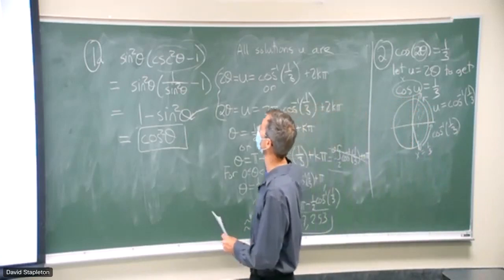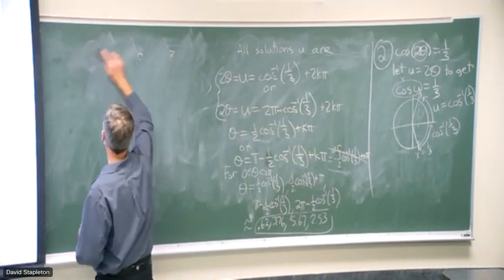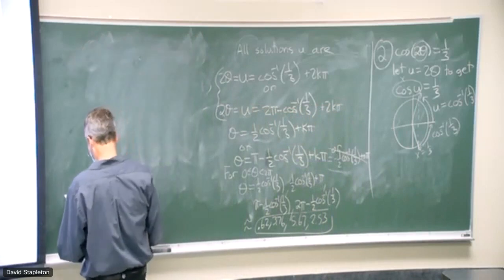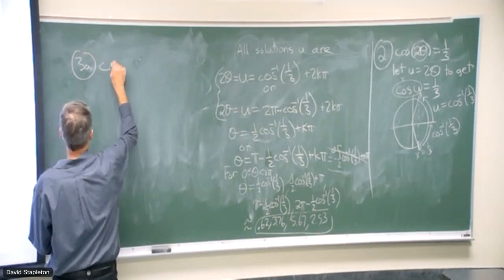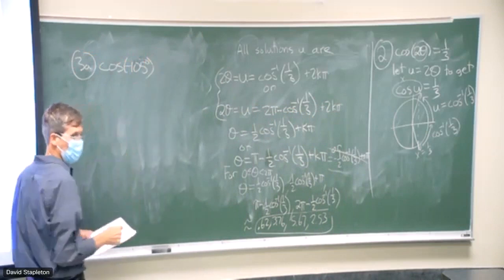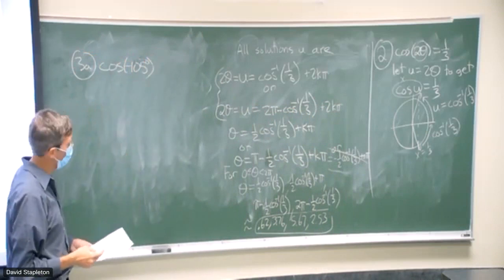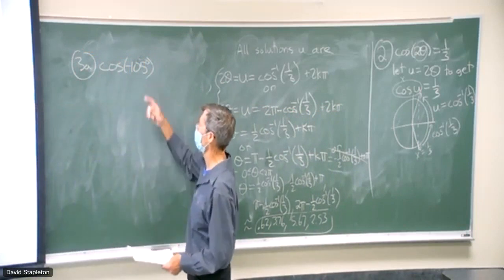Then I wanted you to do some non-special angles that can be done exactly. For instance, 3A, if you wanted the cosine of minus 105 degrees, there's actually 2 ways to do it. You could do that with the half angle formula, or you could do it with the sum of special angles.